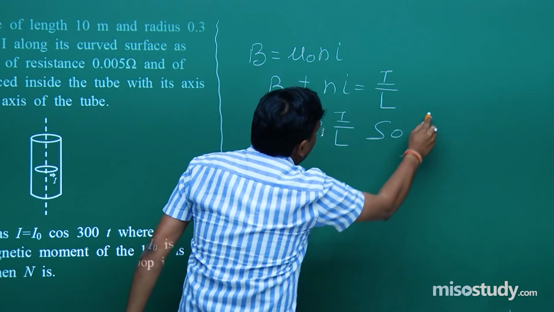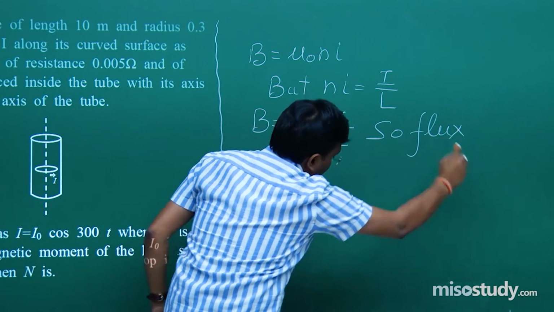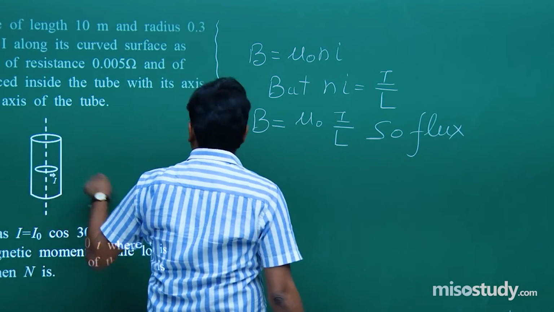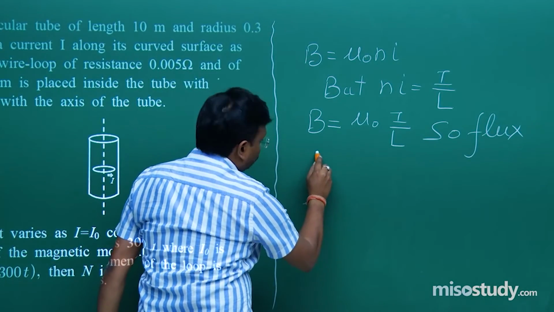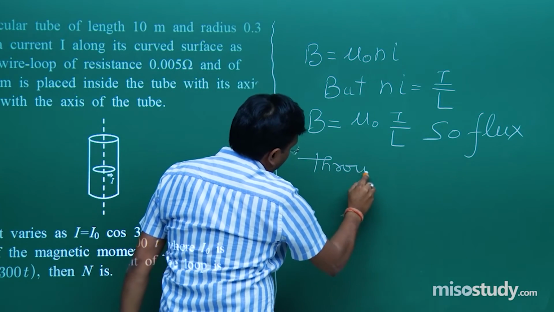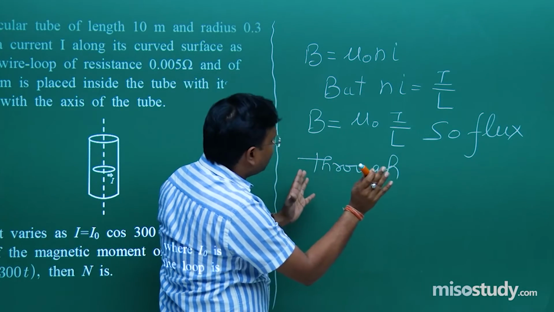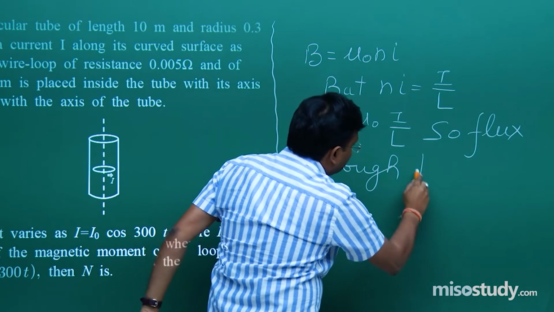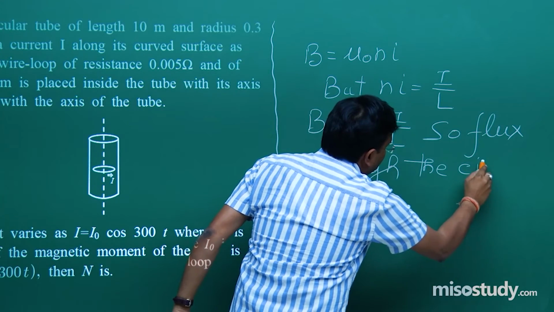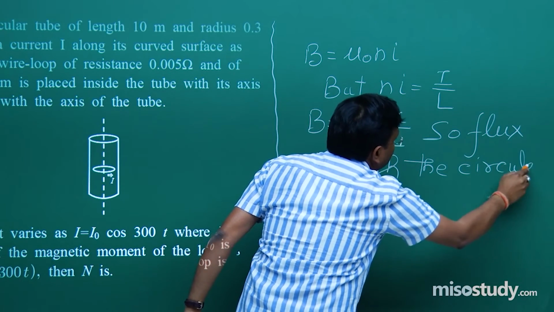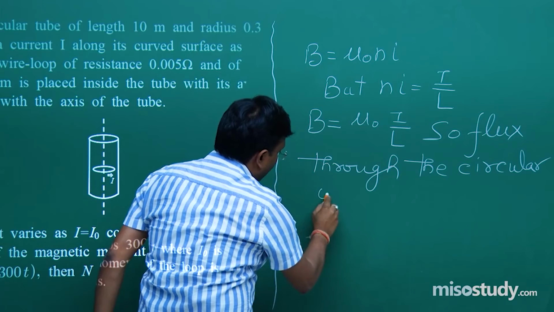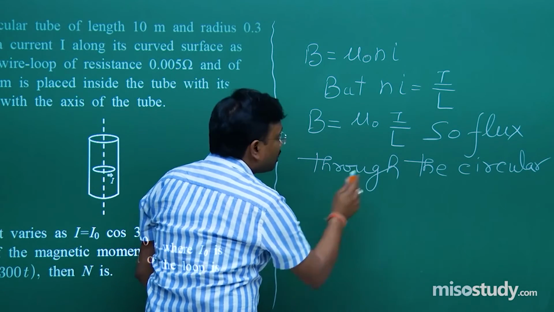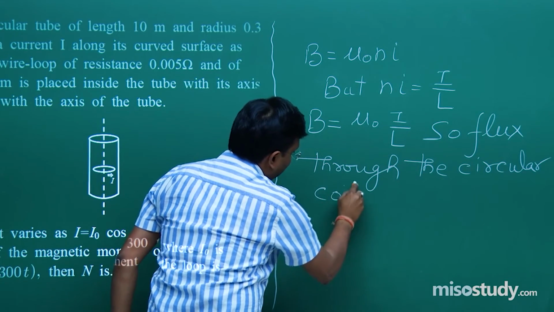So, flux through this circular turn, flux through the circular wire, or let us say the circular coil, I think that is a better term.